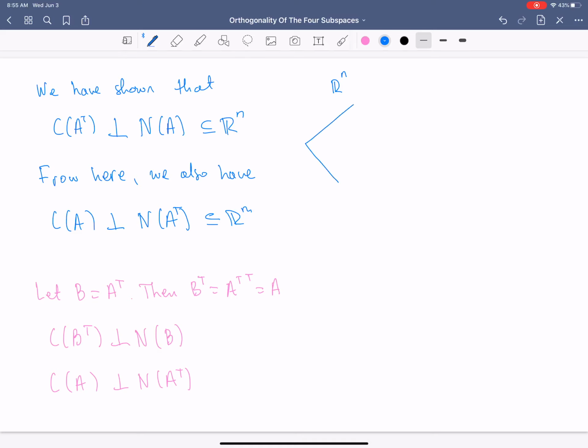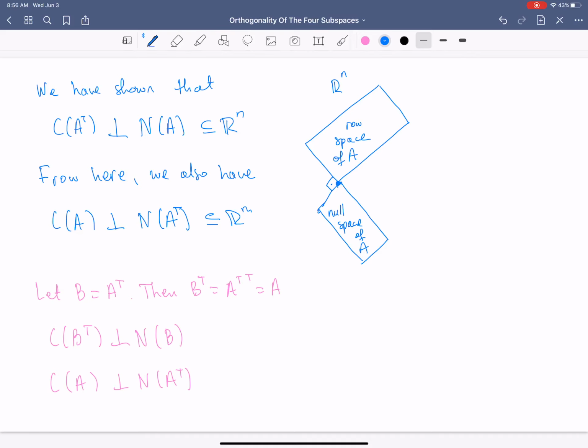In Rn, I have the row space of A, and that row space is orthogonal to the null space. They only intersect at the origin, at the vector 0, and they are at 90-degree angles.